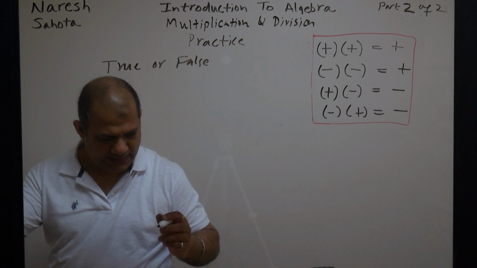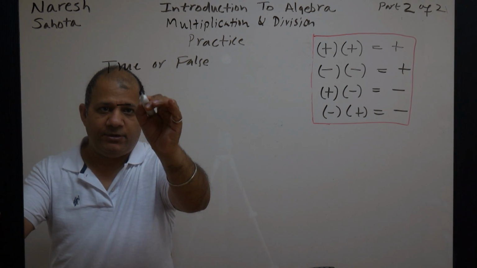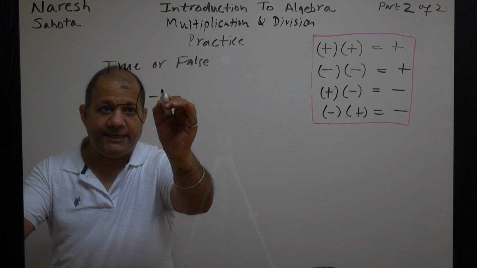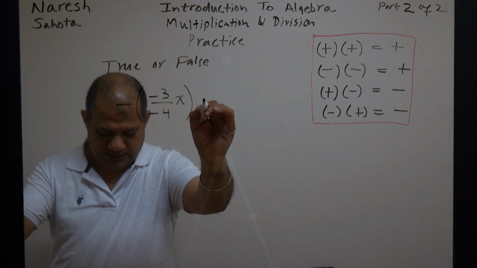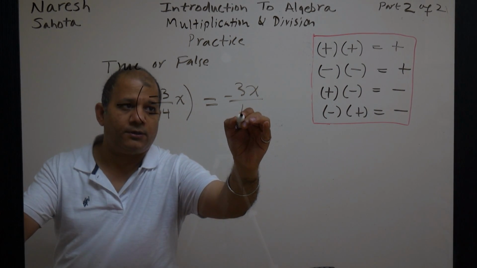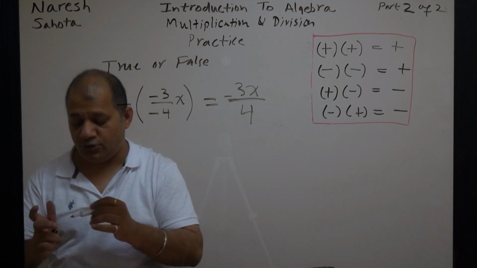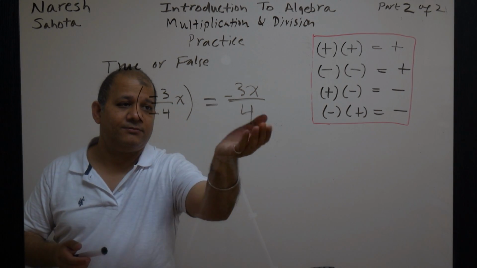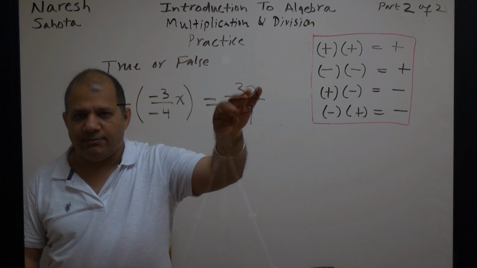Okay, so we have time for maybe 1 or 2 more. So if we have negative on the outside, then negative 3 over negative 4x equals negative 3x over 4. To determine if it's a true or a false statement, the right side is pretty much simplified.